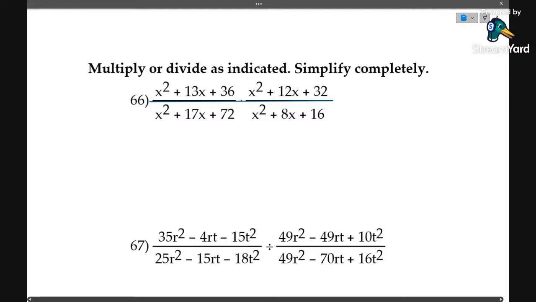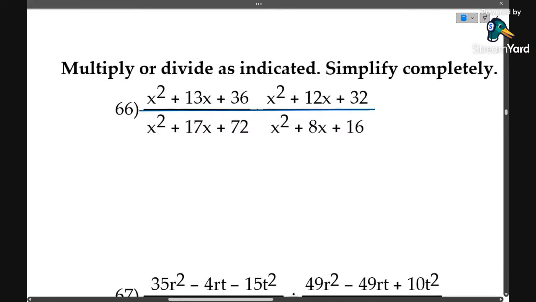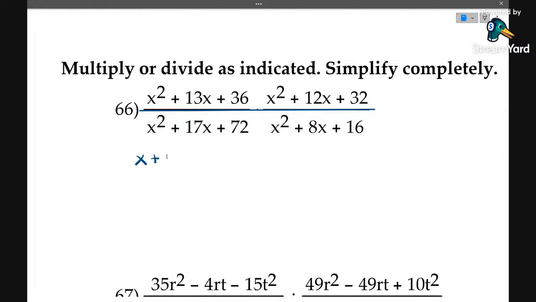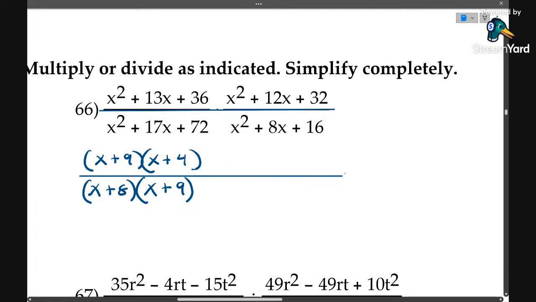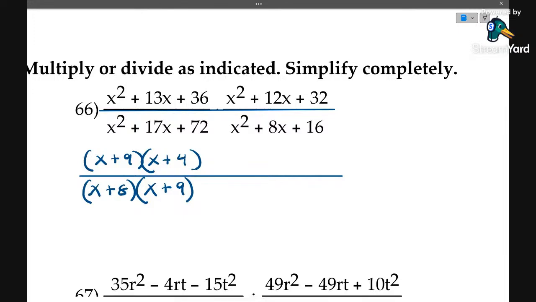So product of 36 and a sum of 13, that's going to be 9 and 4. And then our first denominator, 72 and 17, that's going to be 8 and 9. So x plus 8 and x plus 9. Second numerator, product of 32 and a sum of 12. So we're looking at 8 and 4.